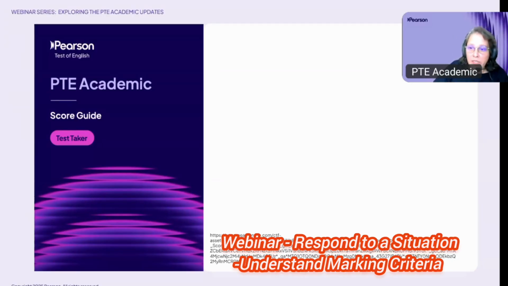It's important to know that both the AI and human examiners have been trained to assess responses using this score guide. That means that the criteria are consistent, whether your students' answers are being marked by a person or by the automated system. We'll go through the main scoring areas together so we can see exactly what's expected.